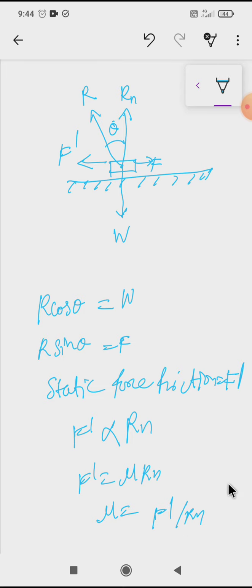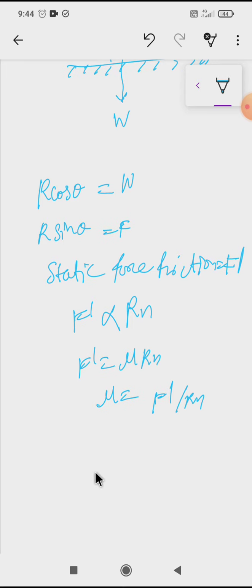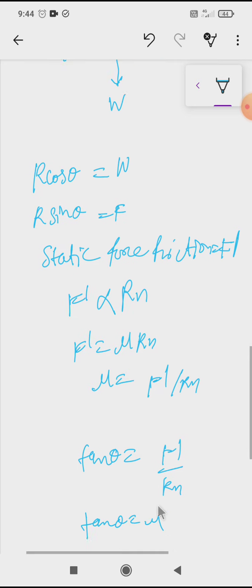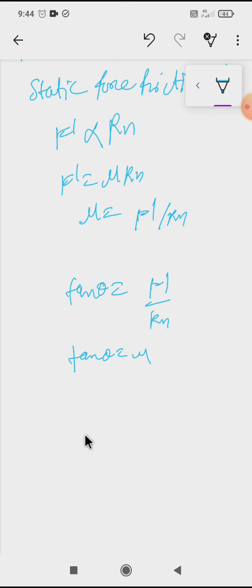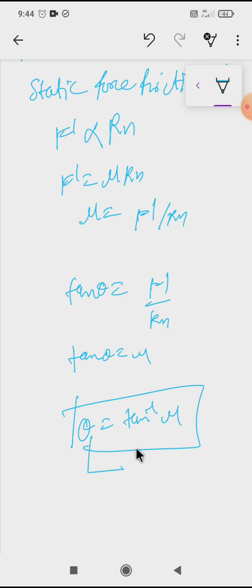If I want to find tan phi or tan theta, it will be F dash upon Rn. Therefore tan theta is equal to mu. So theta, the limiting angle of friction, will be equal to tan inverse mu. This is called the limiting angle of friction, or simply the angle of friction.